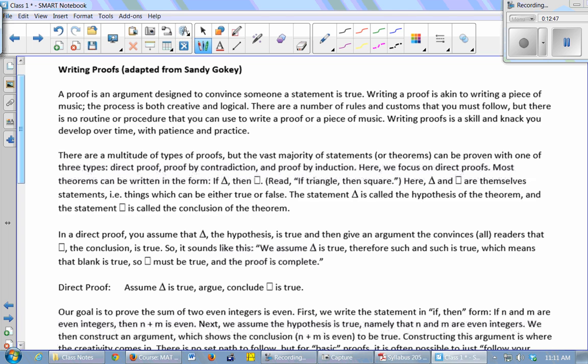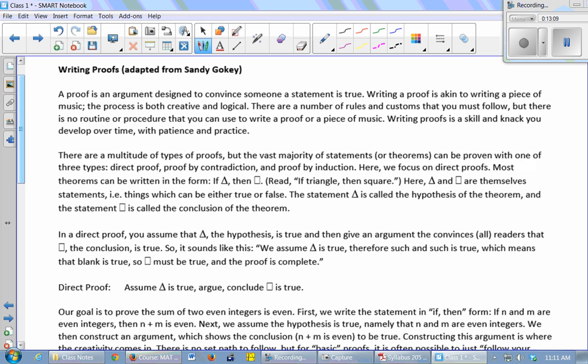Okay, so writing proofs. Spend a couple minutes on this. This is going to come up multiple times throughout the semester. Today is the first time we're going to talk about it. A proof is an argument designed to convince someone that a statement is true. Writing a proof is similar to writing a piece of music.